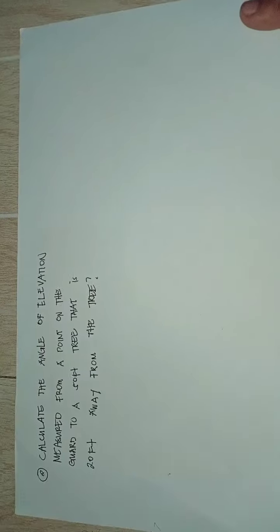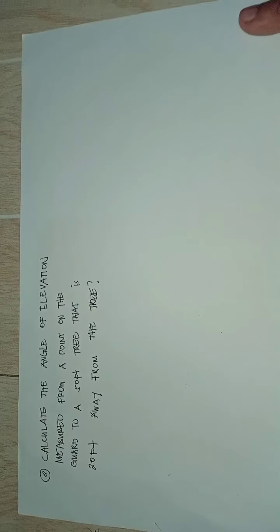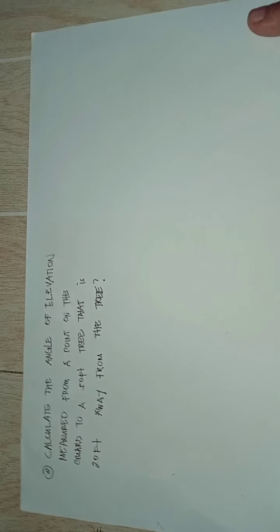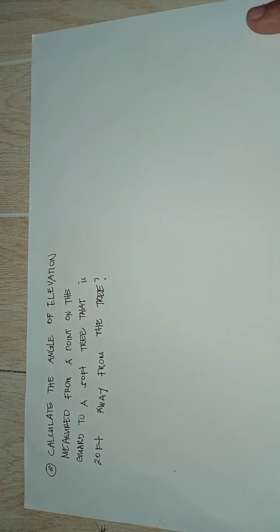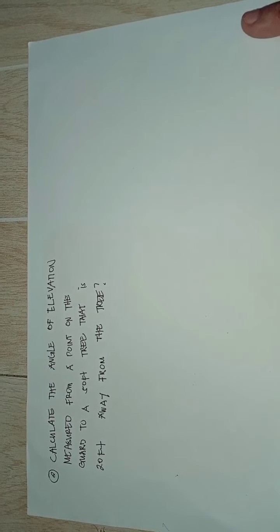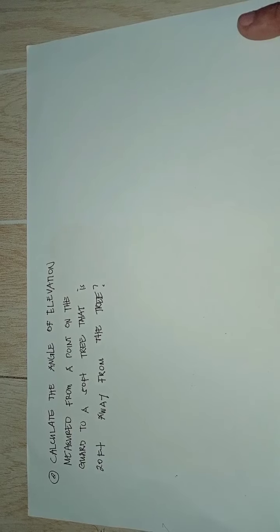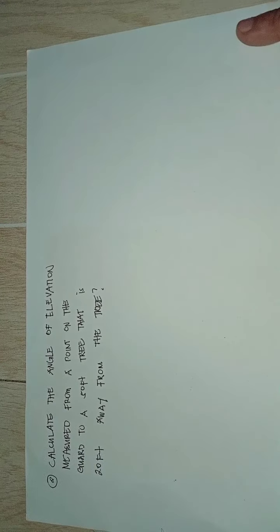Okay, I will give one last example. Calculate the angle of elevation measured from a point on the ground to a 50-foot tree that is 20 feet away from the tree.